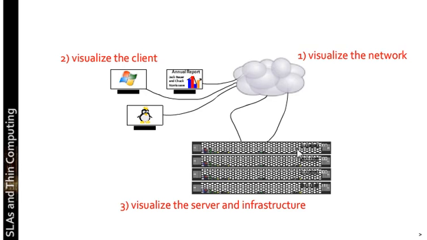We have to be able to visualize what the performance is here on the servers, what it is on the wire going between the servers and the cloud, whether it be a local or a wide area network, and then what the performance is from that network down to the client. So we have to be able to visualize all of this in order to truly understand what SLAs are. The phrase is we have to be able to understand performance as a service, for example, your email, from the data center to the desktop.